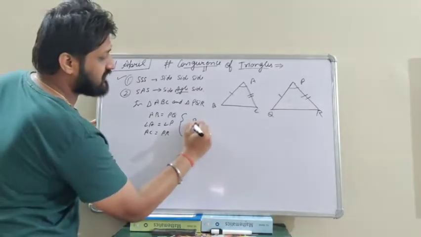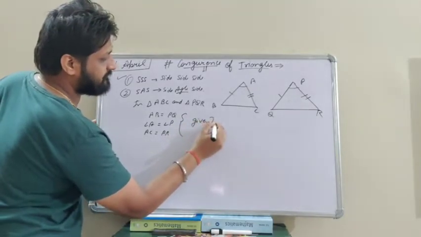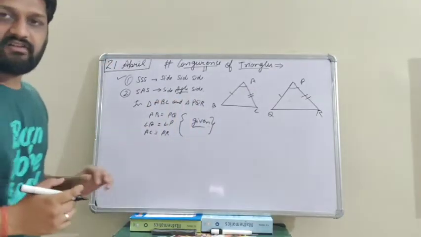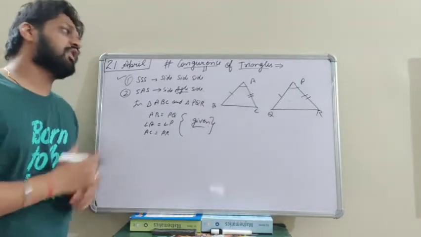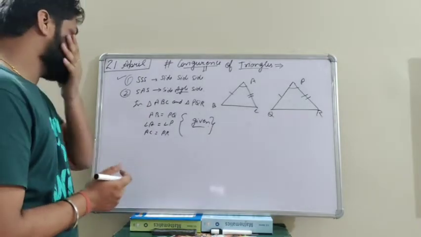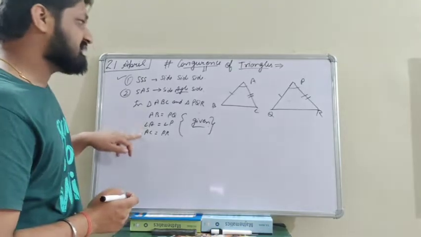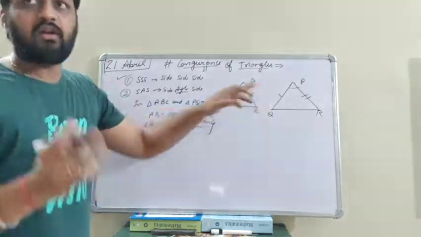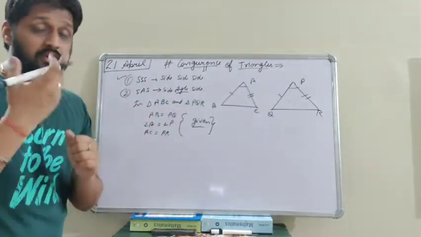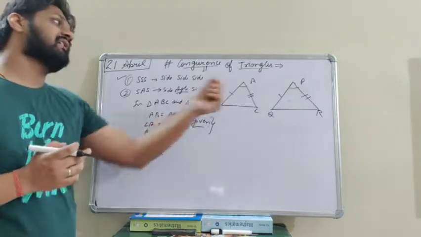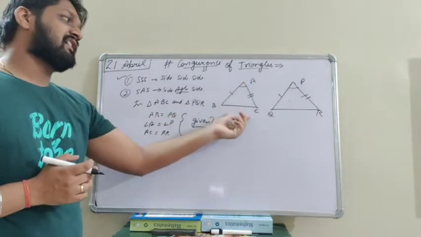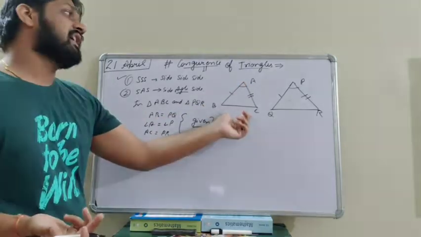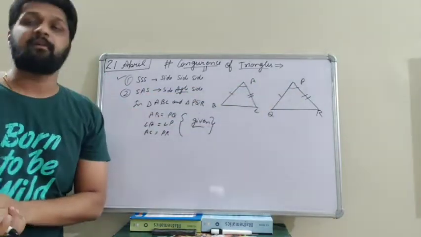What is the reason for this? This is given. These things are given to us. So what is given? Side, angle, and side. Two sides of one triangle are given equal to the corresponding sides of the other triangle. Similarly, angle A of the given triangle ABC is equal to angle P of the other triangle PQR.